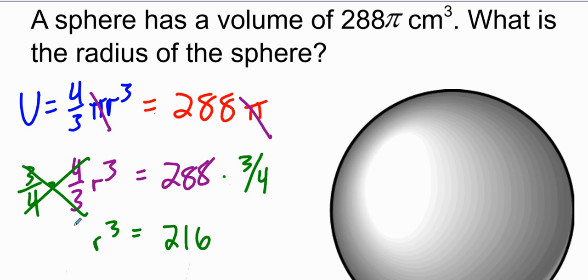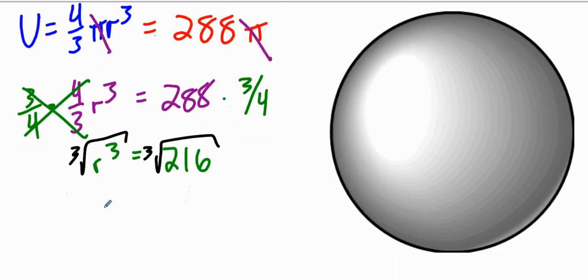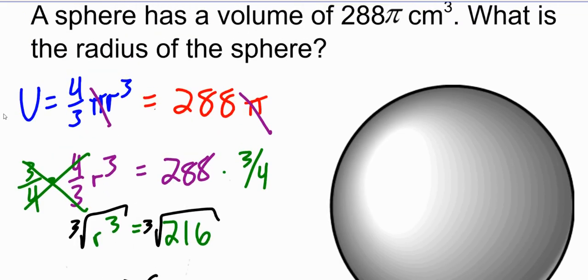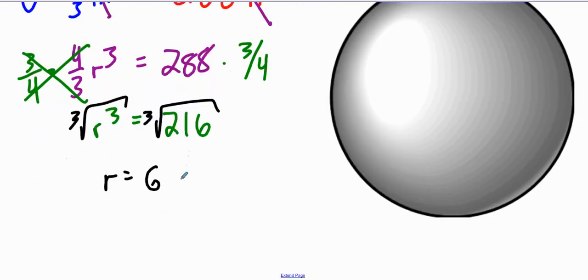And then to get r by itself, we have to take the cube root of both sides. So then r equals the cube root of 216, which equals 6. And what were the units on that? Was that centimeters also? Yep. So the radius is 6 centimeters.